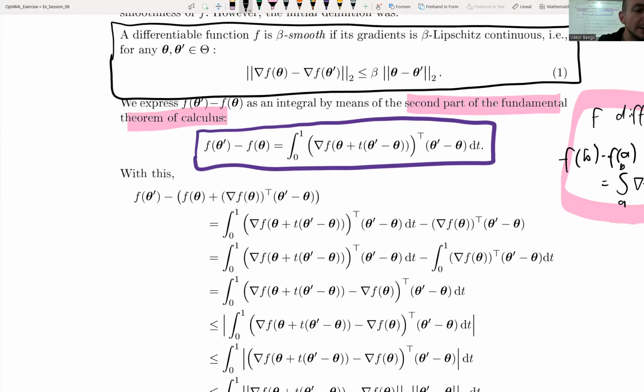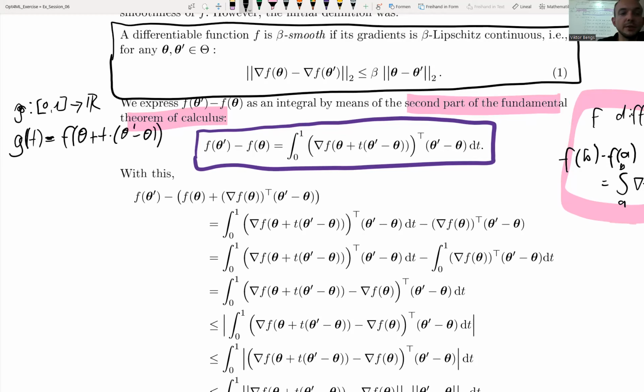Well, let's define the function g(t), which is f of theta plus t times theta prime minus theta. We define this function from 0 to 1, for t. This is the function g.